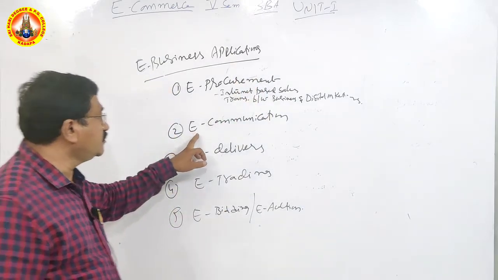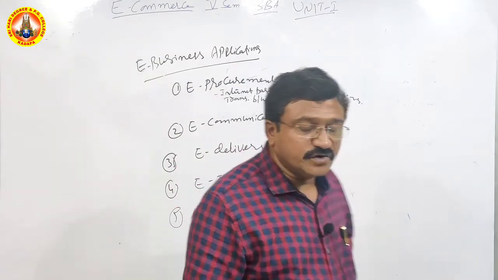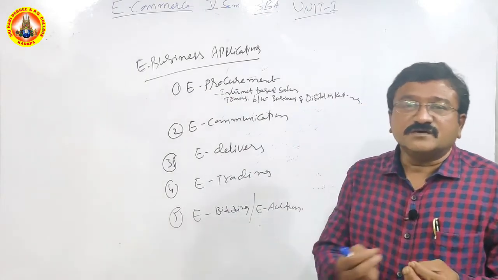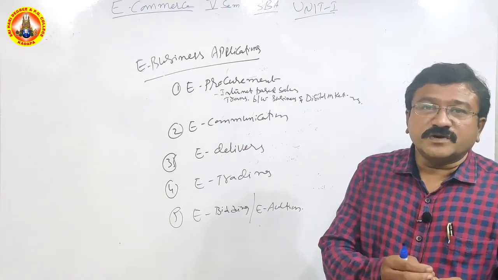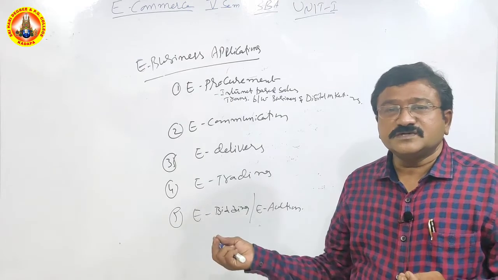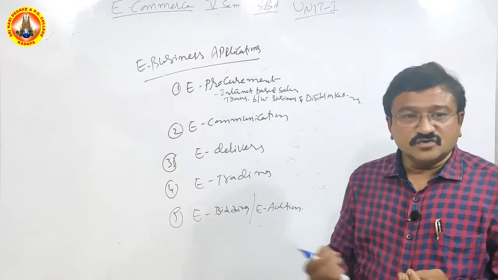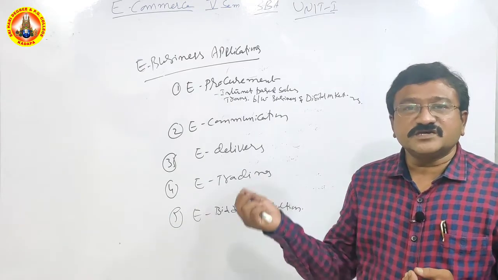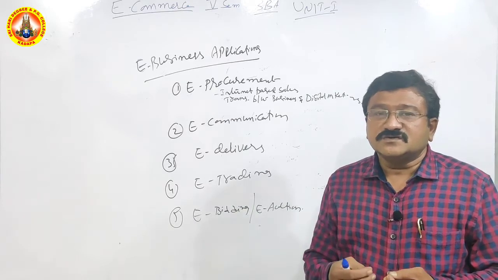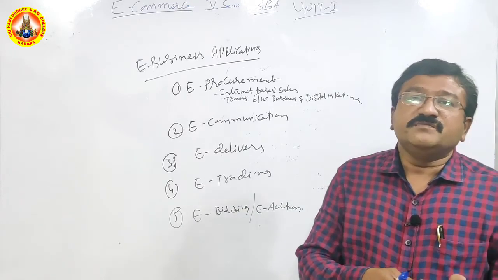The second one is e-communication. When you are doing business, the communication from one party of the business to the other party is through email, or through e-advertisement. That is one of the communication media.